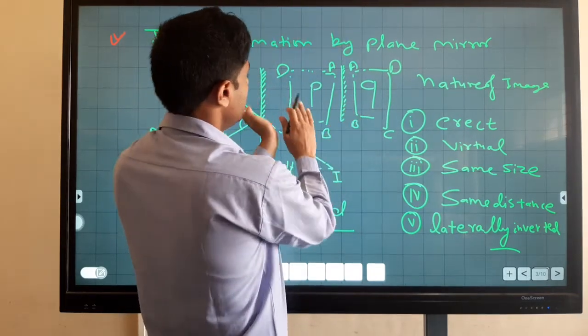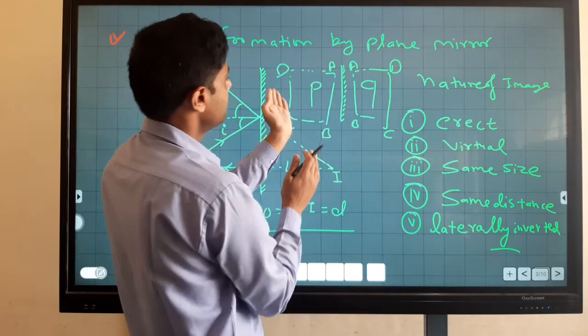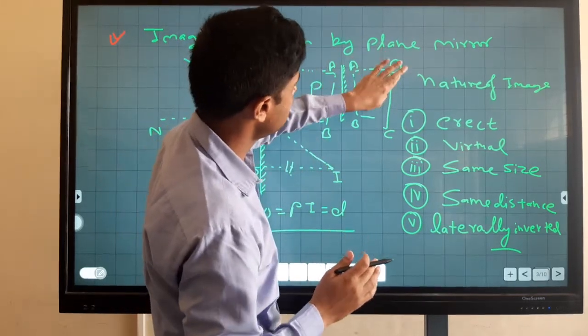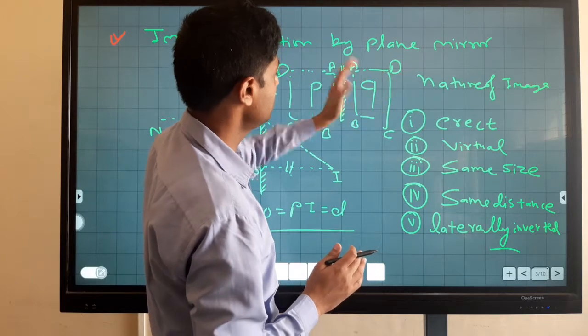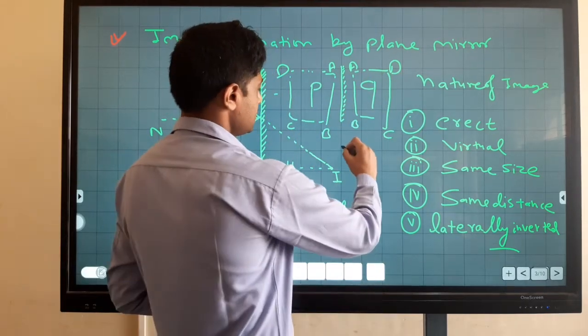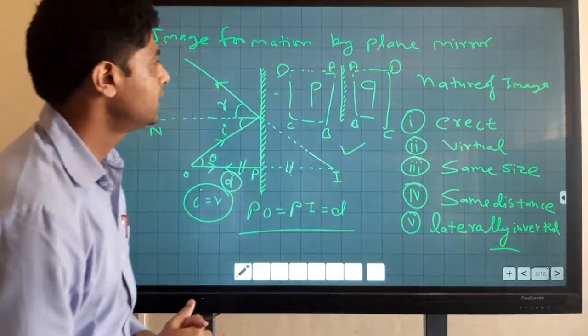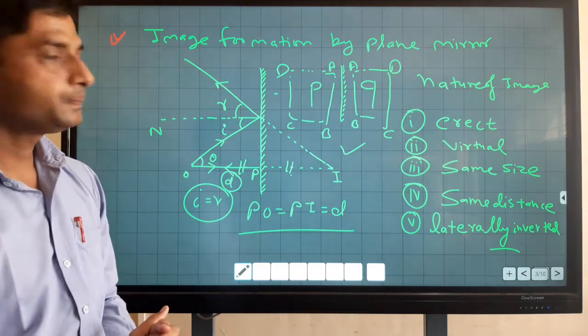It means the left side converts into the right side and the right side converts into the left side. This is the lateral inversion. Okay.